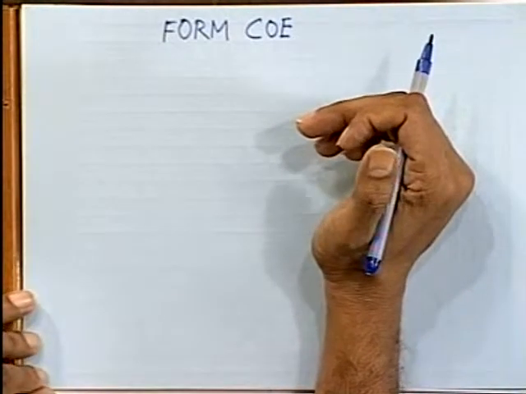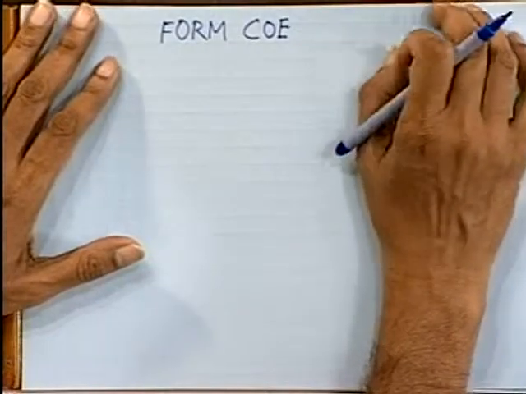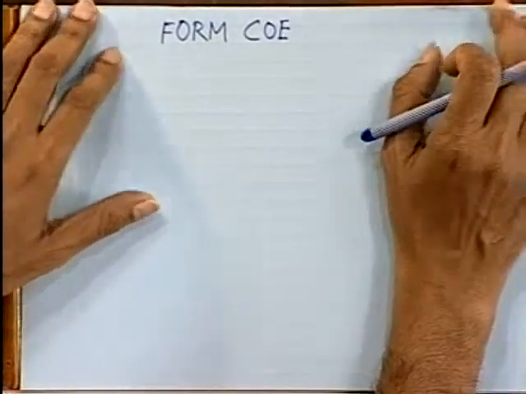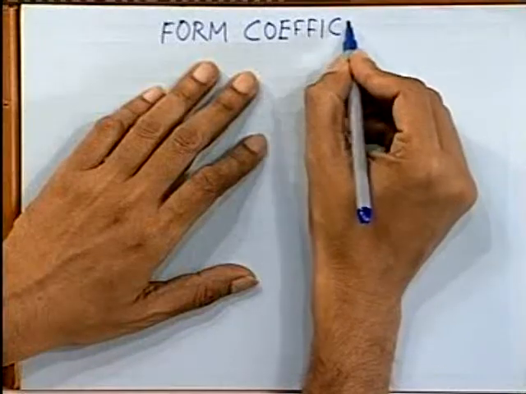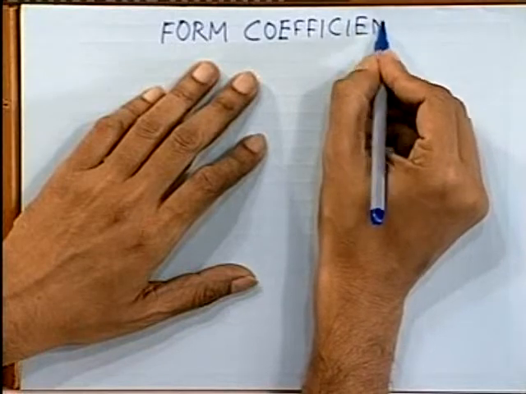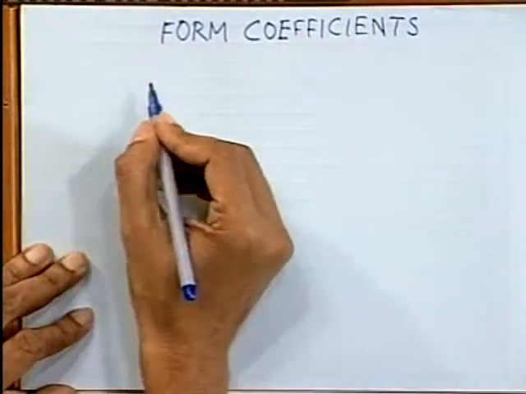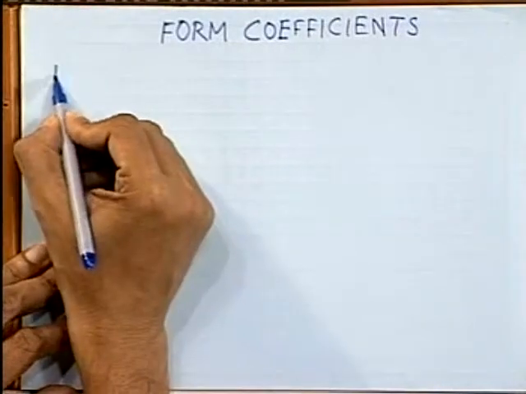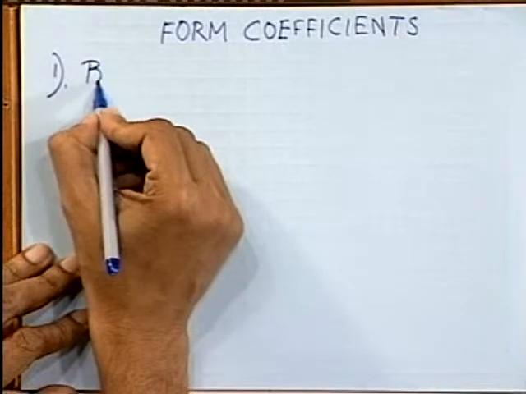It will give you a picture of the dimensions, the form of the ship. Ship form will be vastly different according to their function. And based on these forms, the form coefficients will be evaluated. So the first is the block coefficient.